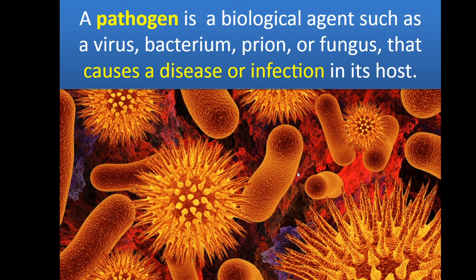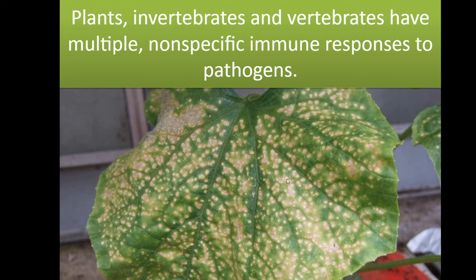All right, so, all sorts of pathogens can make us sick. We've talked about them. Sometimes you'll see things like this. This is a blight on some kind of plant leaf. Now, plants, vertebrates, and invertebrates don't have a specific immune system like we do. Their defenses are more general.